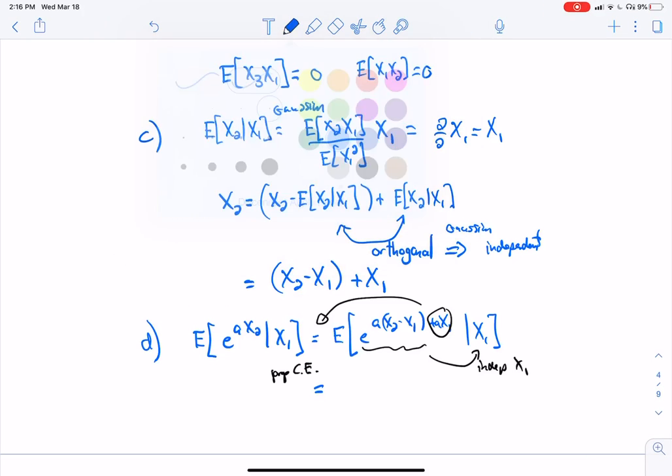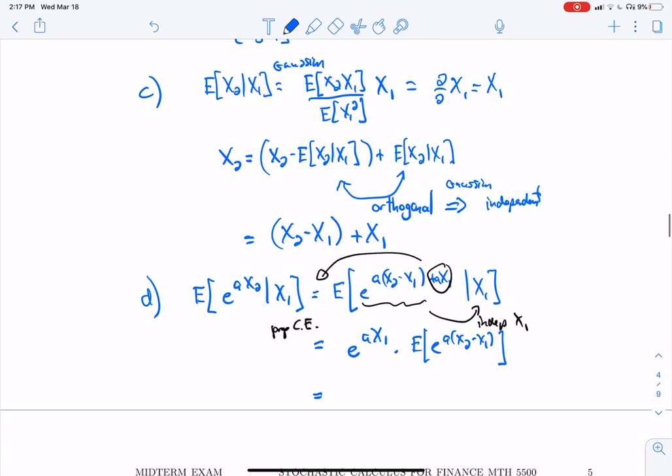And I can write this as the expectation of e^(a x1) times, since it's independent, my best guess is just the expectation, e^(a(x2 minus x1)).